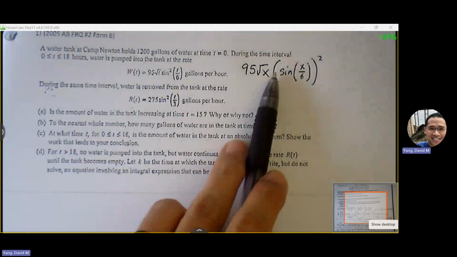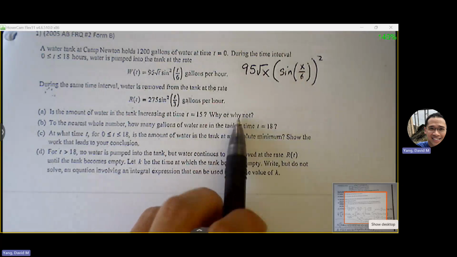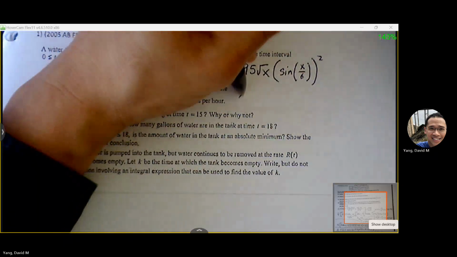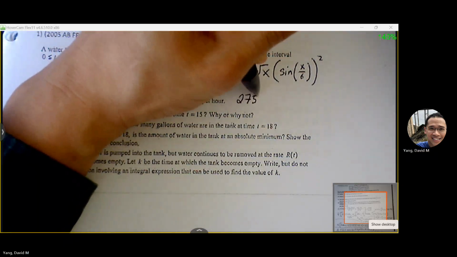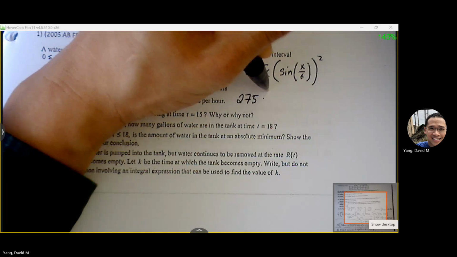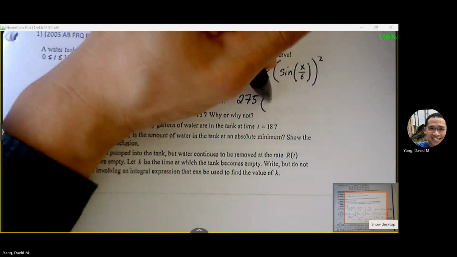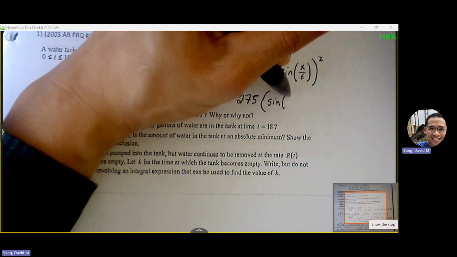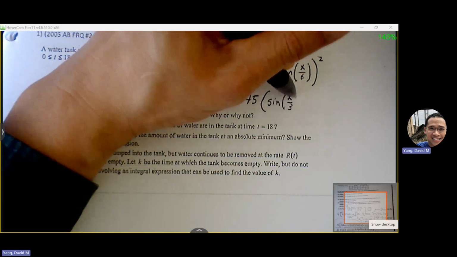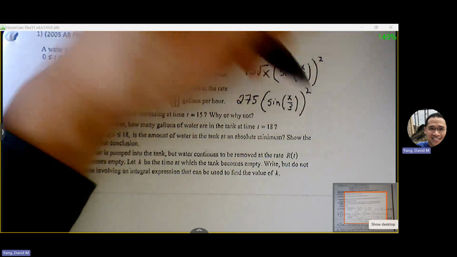So I would put that under y1, and under y2, 275 parentheses, sine of parentheses x over 3, parentheses squared.